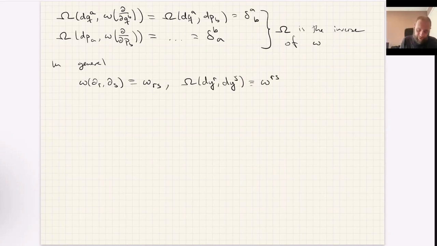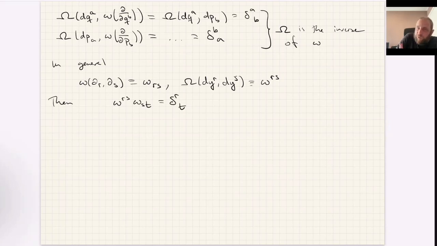Then since the lowercase omega is the inverse of the capital omega and vice versa, we would have something like this: omega rs, omega st, that would be equal to delta rt.